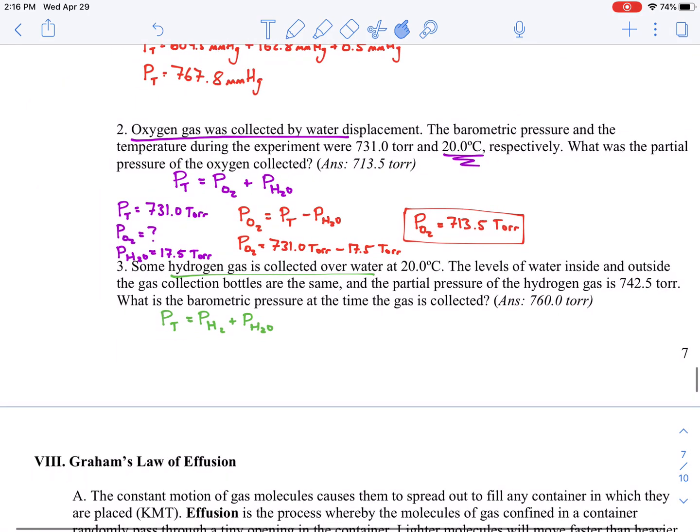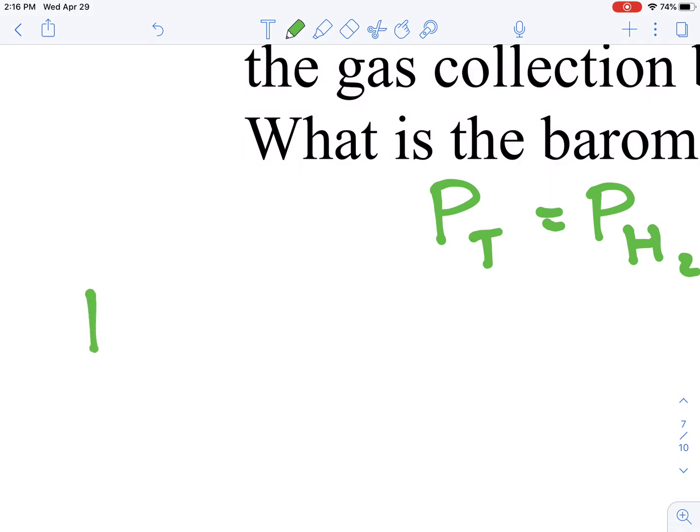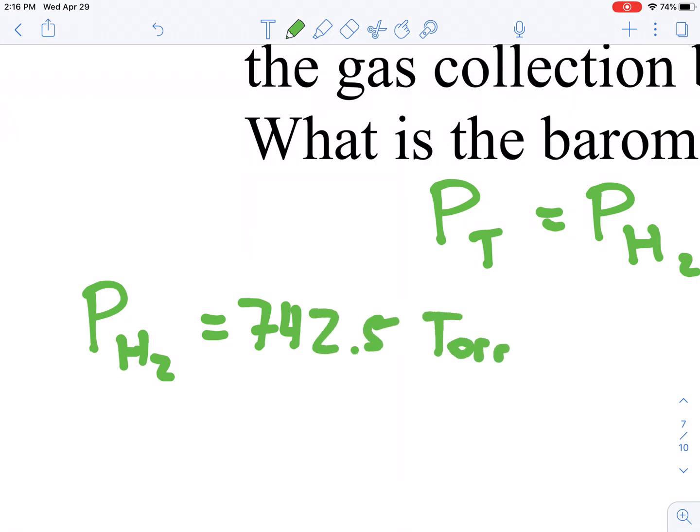We're told that the partial pressure of that hydrogen gas is 742.5 torr. So pH2 is 742.5 torr. We are interested in the barometric pressure, so that's the total pressure, that's the atmospheric pressure, that's what we're trying to find.